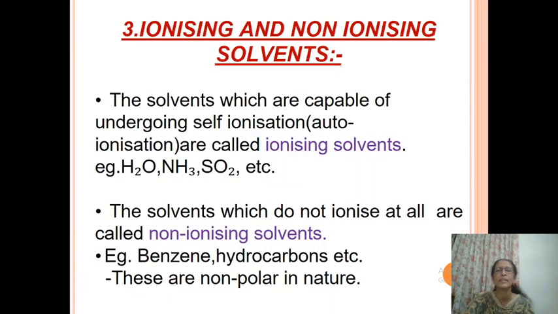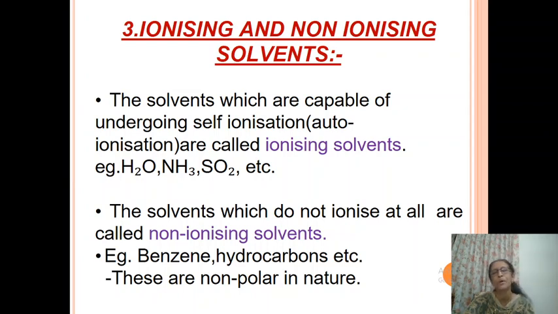Now the third classification is ionizing and non-ionizing solvents. The solvents which are capable of undergoing self-ionization, meaning auto-ionization, are called ionizing solvents. Example: water, liquid ammonia, liquid sulfur dioxide, etc. H2O undergoes ionization to produce hydronium ion and hydroxyl ion.